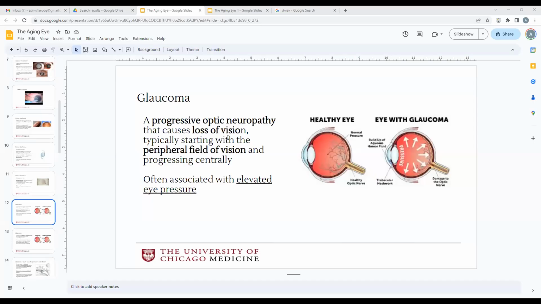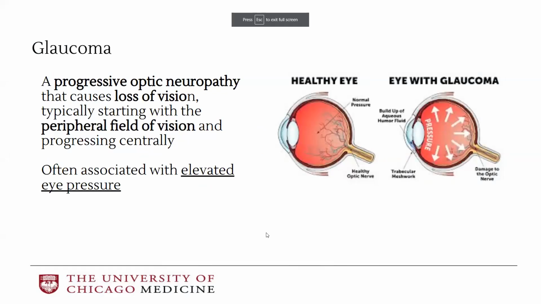Okay, so let me share my screen again. All right. So first we'll talk about what is glaucoma? Glaucoma is a condition in which the optic nerve gets damaged over time. The optic nerve is the nerve that connects the eye to the brain.